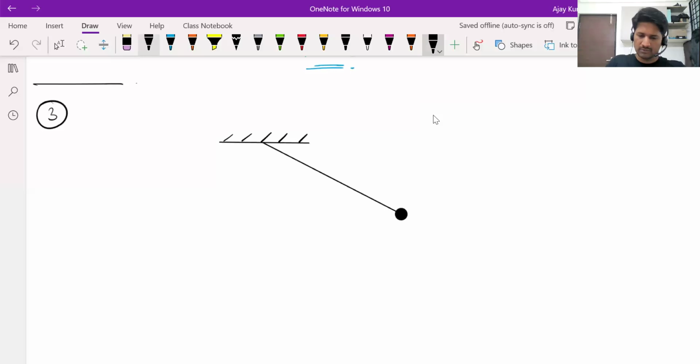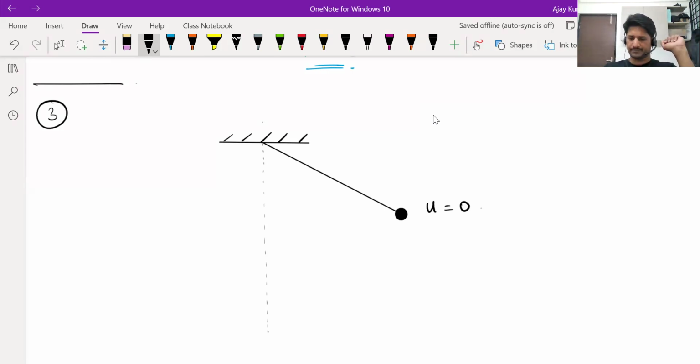As you can see, the stone is pulled aside, and assume it is released from this position. You all tell me, in a real life situation, what will happen when we release the stone from rest? Sir, it'll start oscillating.